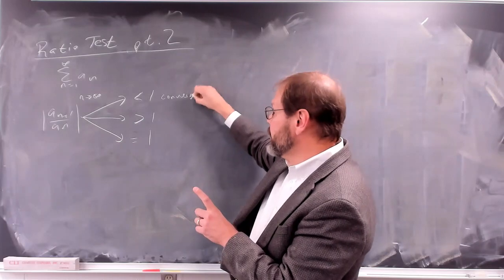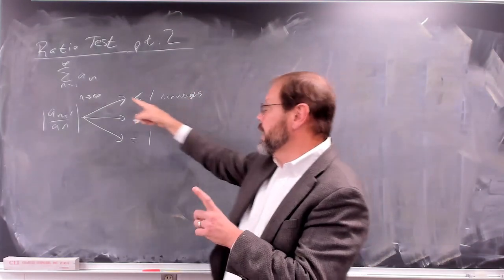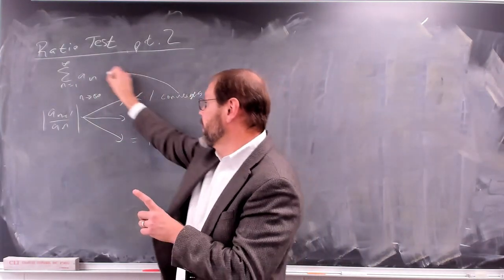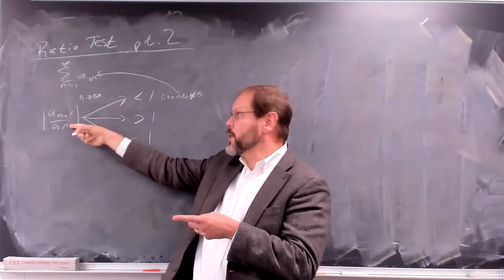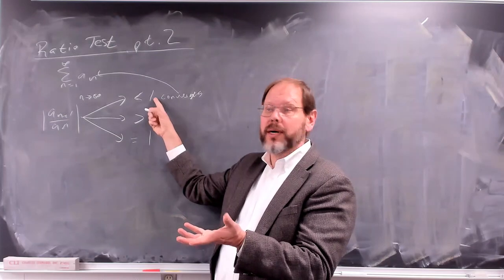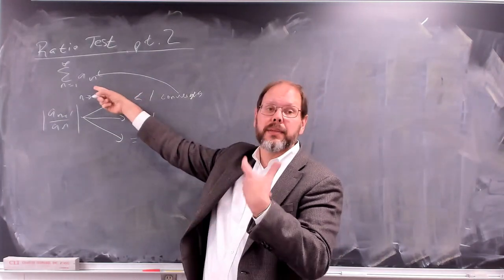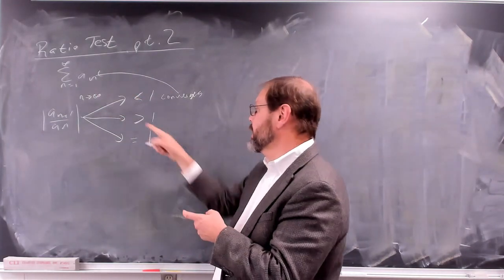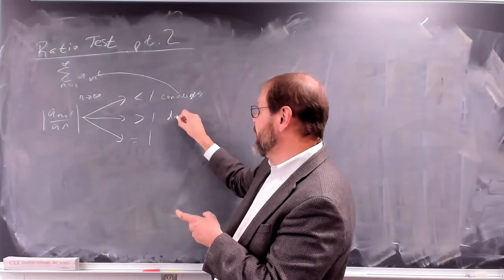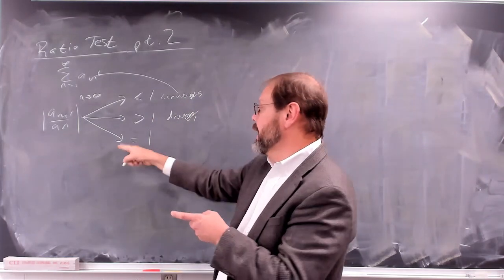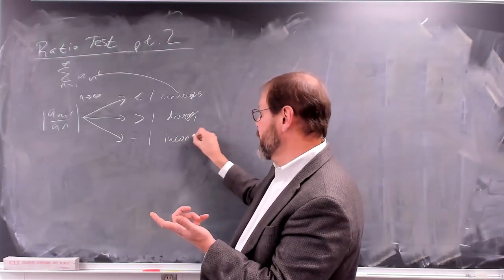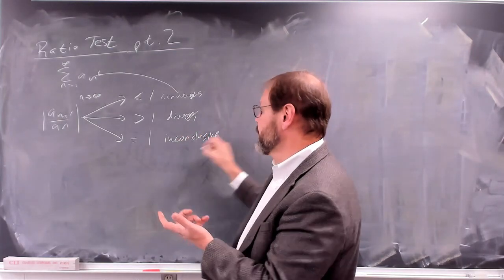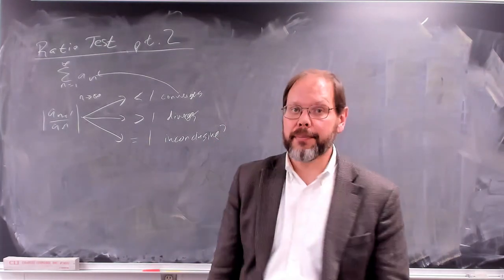And when I say convergence, I mean convergence of the sum. Right? So if this ratio converges to some number less than 1, then the sum, the series, converges. Okay? In this case, we have divergence. And then in this case, we have inconclusive.